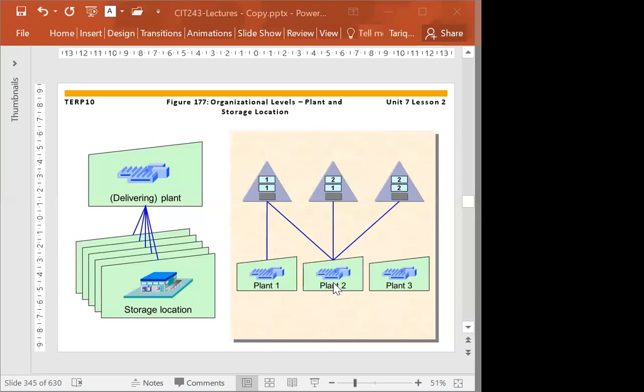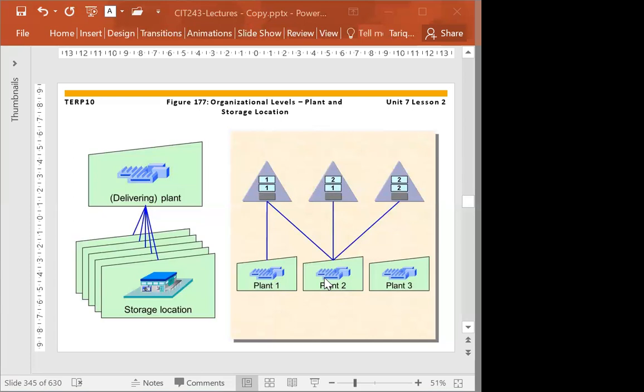And the United States has three plants. They're all unique. Even Germany has two plants. They're all unique. So if you enter the plant number, that will uniquely identify that this plant belongs to this company code.